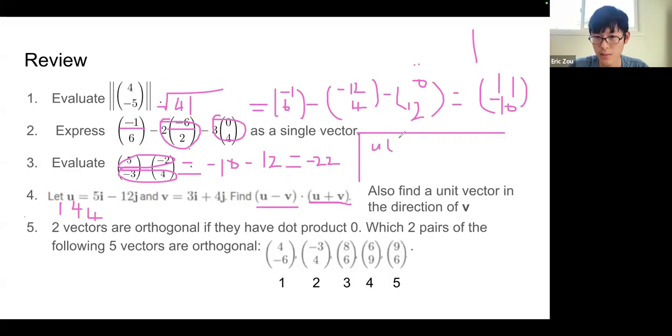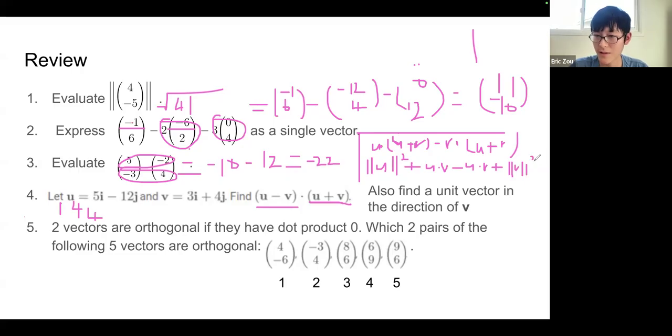So this is u dot product u plus v, and then minus v dot product u plus v. And this is u dot u, which is u norm squared, plus u dot v, minus v dot u, which is technically also u dot v, and then plus v dot v, which is v norm squared.